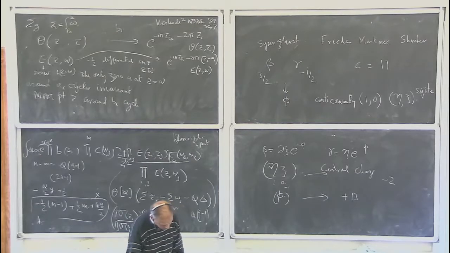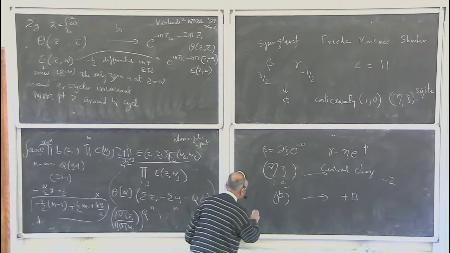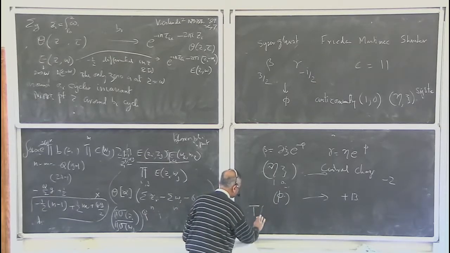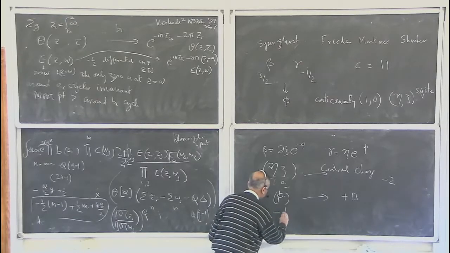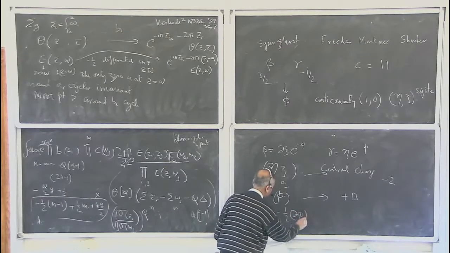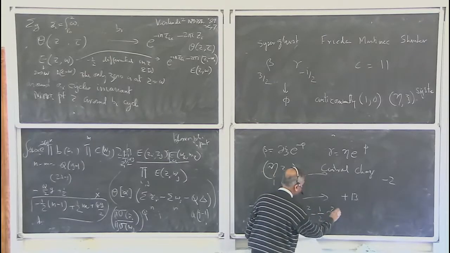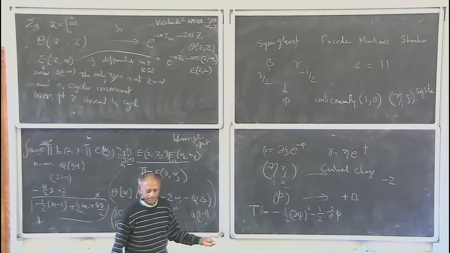Here one writes down the scalar field which has some background charge, so that the stress tensor of the scalar field is -1/2 (d phi)^2 - 1/2 Q d^2 phi. Note that there is no i there.